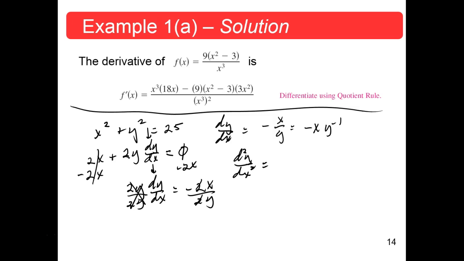Uh-oh. Okay, that's the quotient rule. If you want to use the quotient rule, we can do that. You want to do quotient rule? Yeah, I knew you wanted to. Okay, we'll go that way. Forget about the product rule for now.